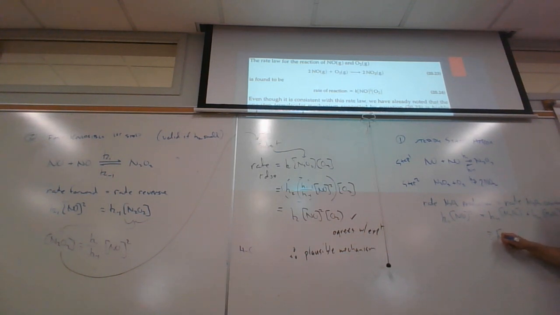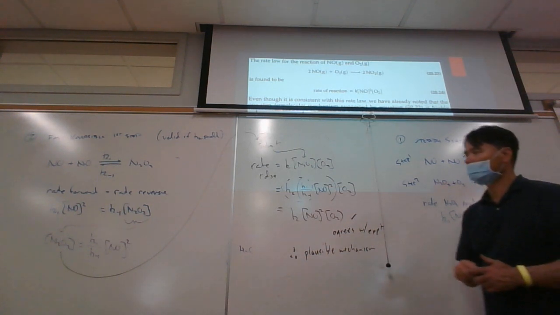And so this is going to equal N2O2 times K minus 1 plus K2 times the O2. So here it's being produced and it's being consumed in two ways: the reverse of step 1 and step 2. Now we'll solve for N2O2.